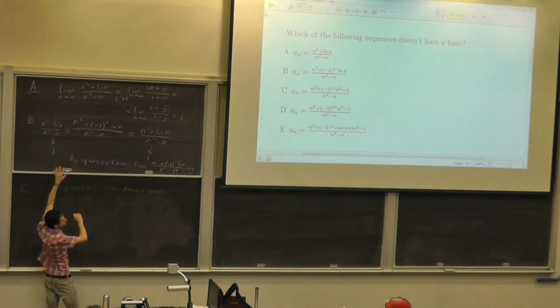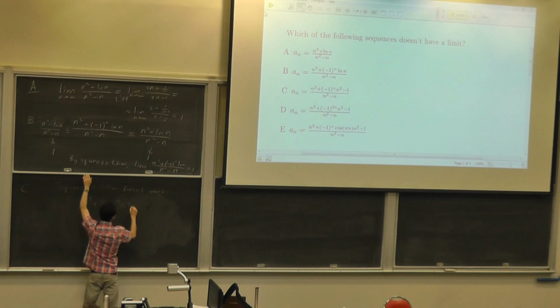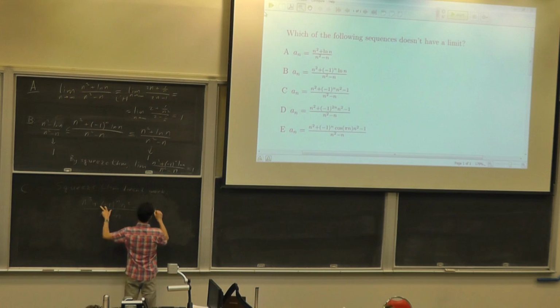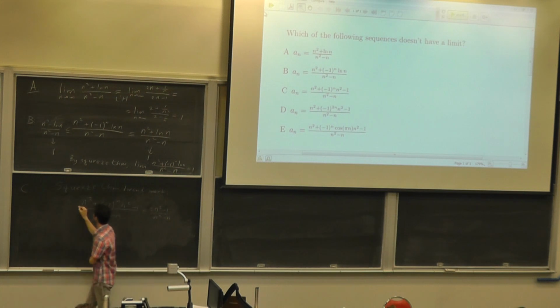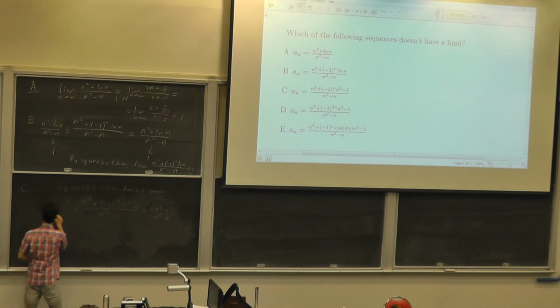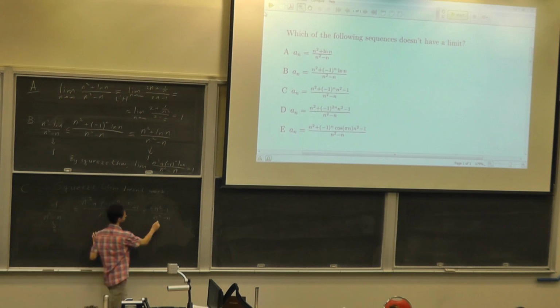If you try to do just the same thing, n squared plus minus 1 to the power n times n squared minus 1, over n squared minus n, this is at most 2 times n squared minus 1 divided by n squared minus n. And at least, well, if this is actually a minus sign, we'll get minus 1 over n squared minus n. This thing tends to 0, this thing tends to 2.